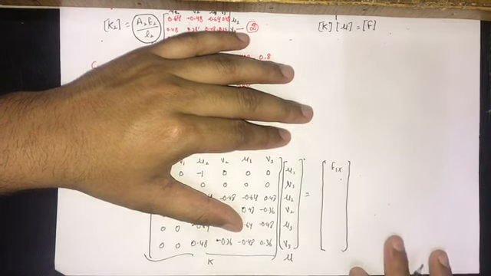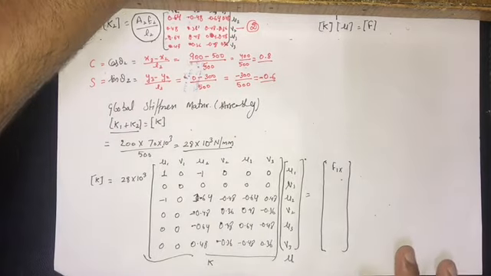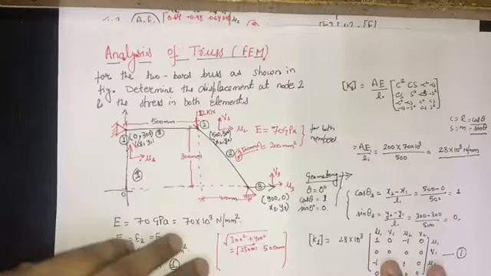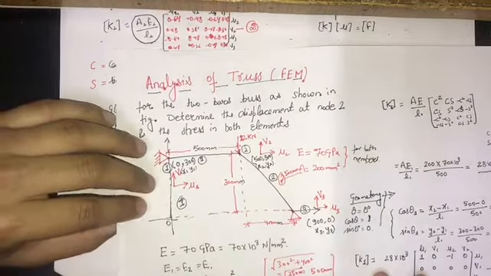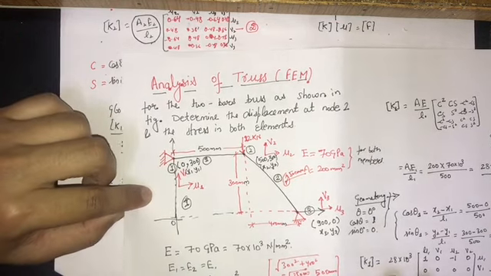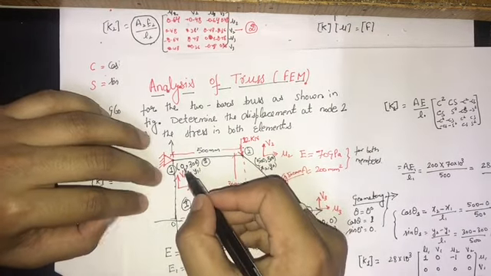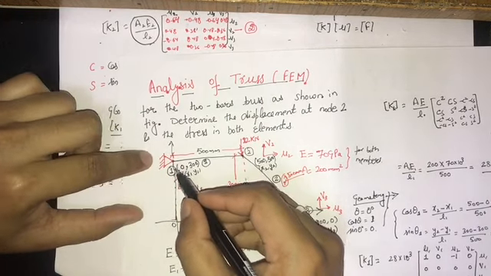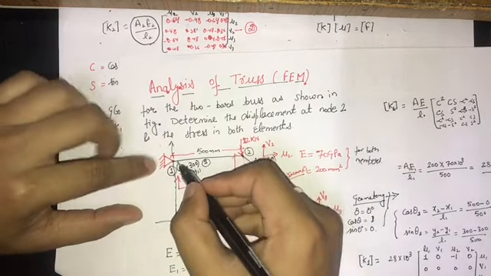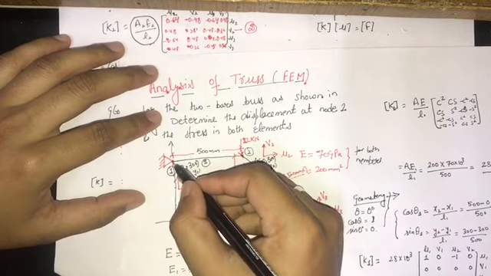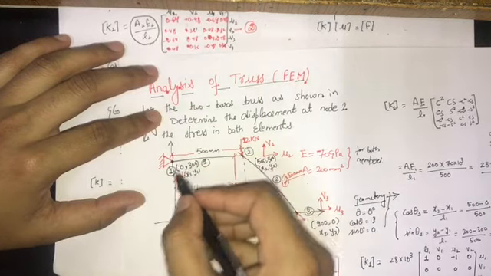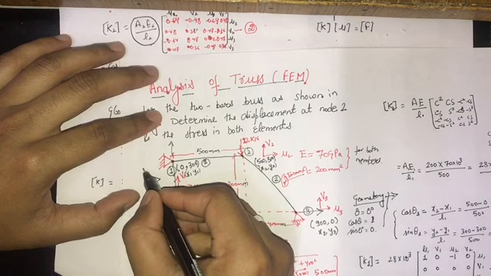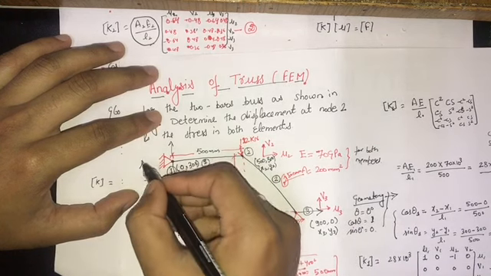Similarly for the force vector. So how do we calculate the F? In the truss element, here again there will be two types of forces at each node. Suppose at node 1, it is the horizontal force and the other is the vertical force.